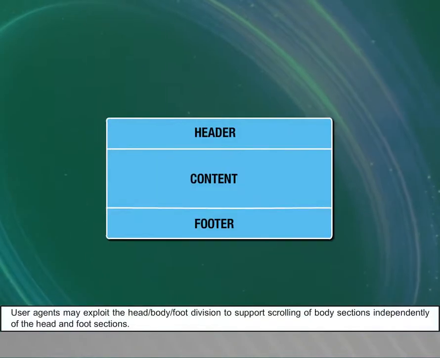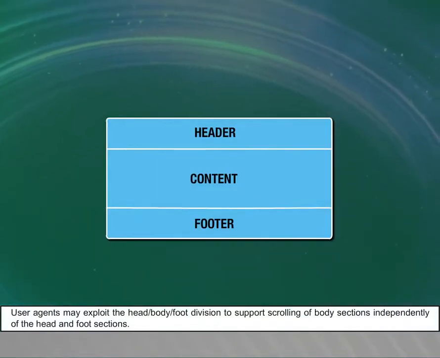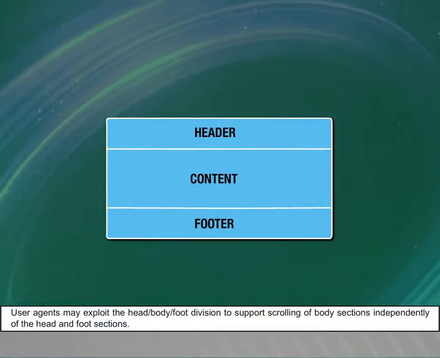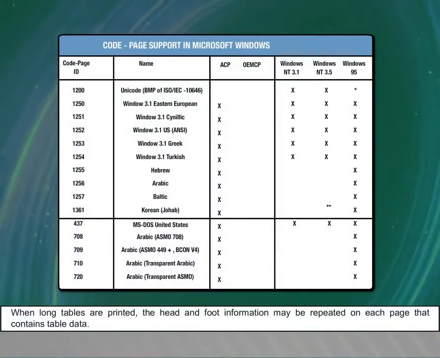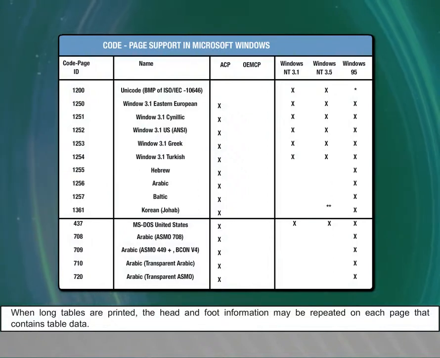User agents may exploit the head, body, or foot division to support scrolling of body sections independently of the head and foot sections. When long tables are printed, the head and foot information may be repeated on each page that contains table data.